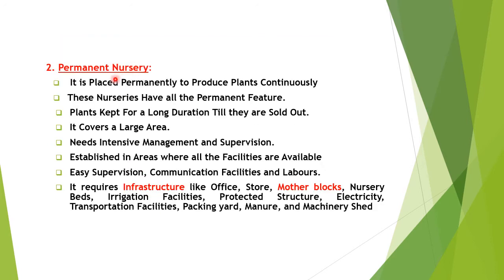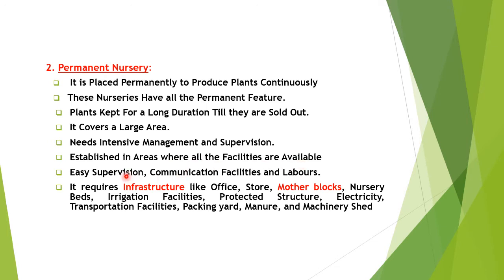Permanent nursery is placed permanently to produce plants continuously. These nurseries have all the permanent features. Plants are kept for a long duration till they are sold out. It covers a large area, needs intensive management and supervision, and is established in an area where all the facilities are available.